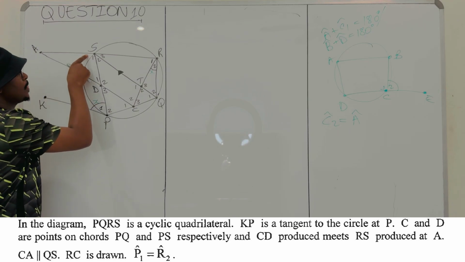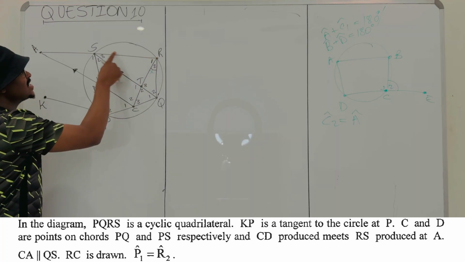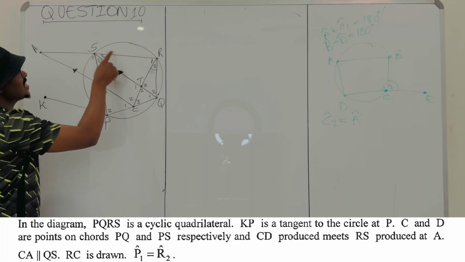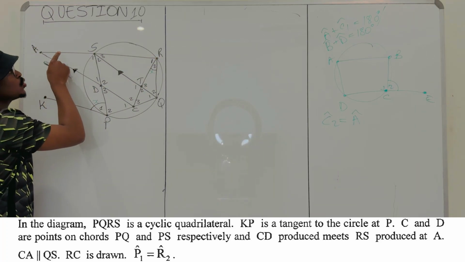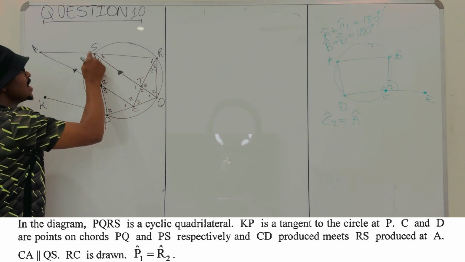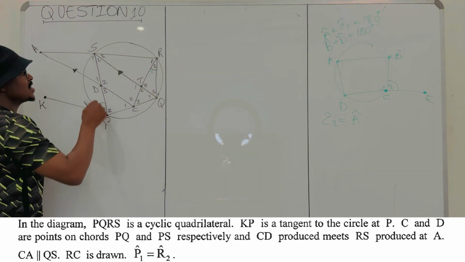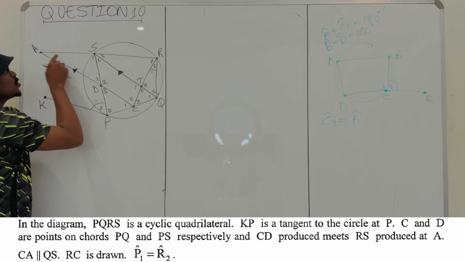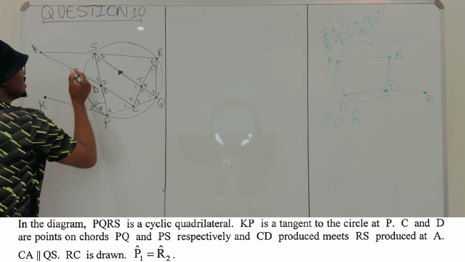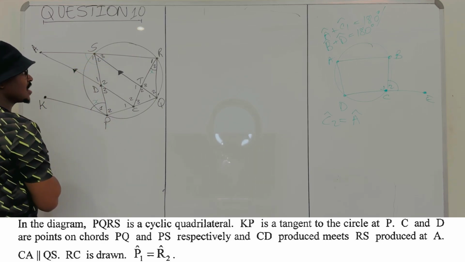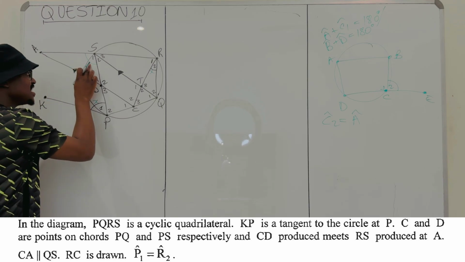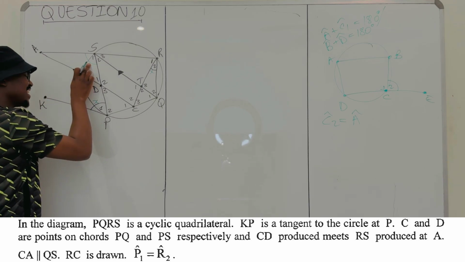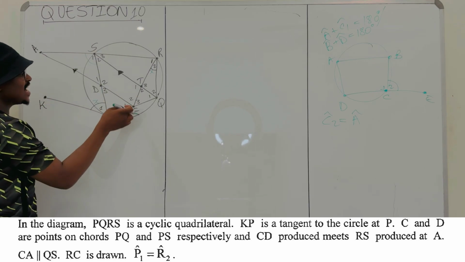If you look at S1, S1 is an extension of RS, and RS is extended to A, right? So if you're looking at PQRS, a cyclic quadrilateral, one of the sides, RS, is extended to A. So this angle S1 here is an exterior angle of a cyclic quadrilateral. And an exterior angle of a cyclic quadrilateral is equal to the inside opposite angle.